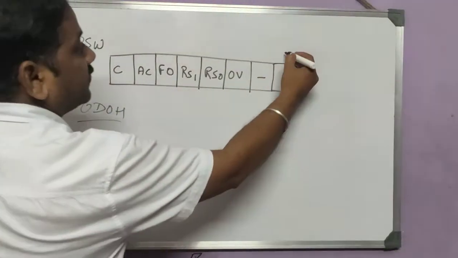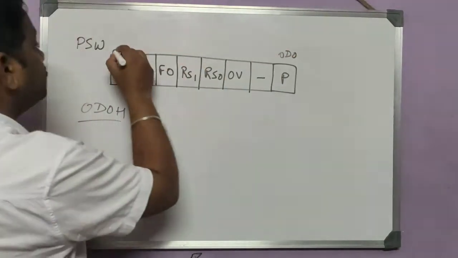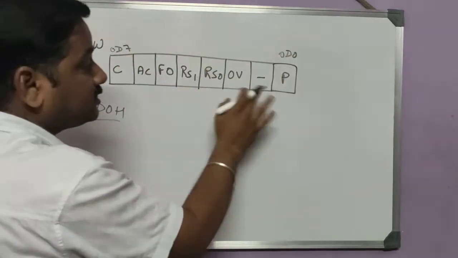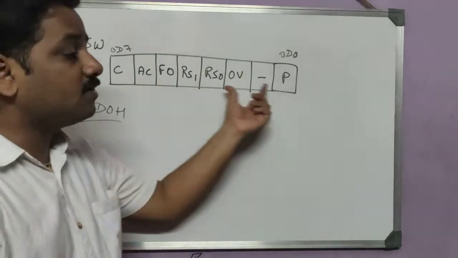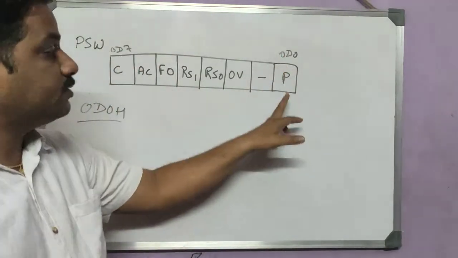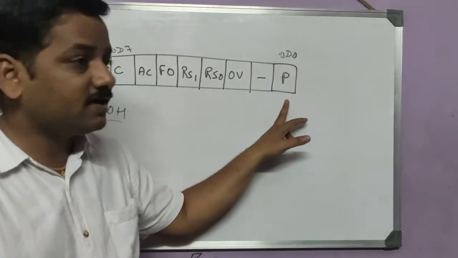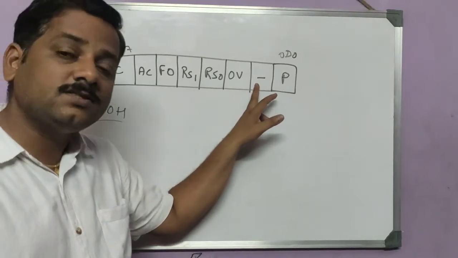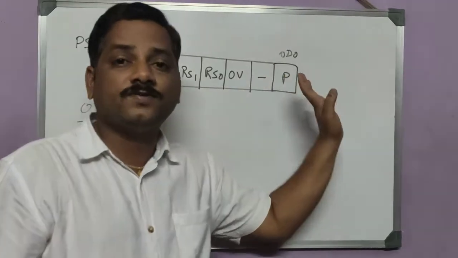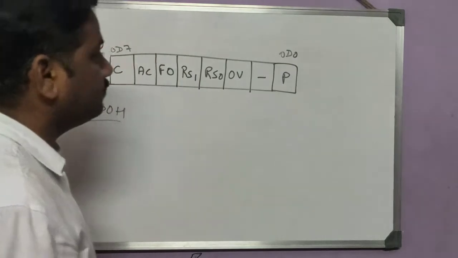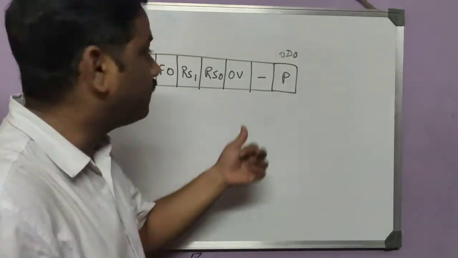Now, if this is 0D0, this will be 0D7, and you should not change this positioning here. These are all predefined. The 0th bit of the PSW is the parity flag. This one is user defined, meaning it is left free for the user, who can define any bit over there. And this is the overflow flag.